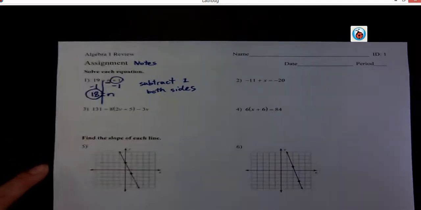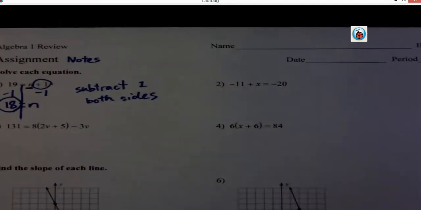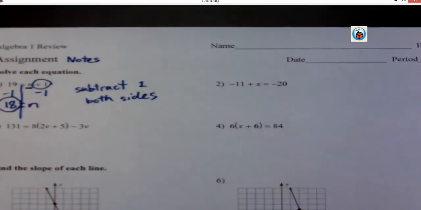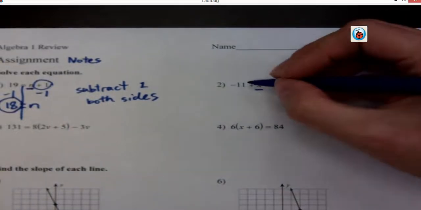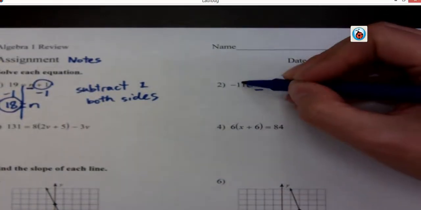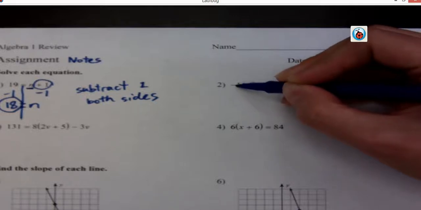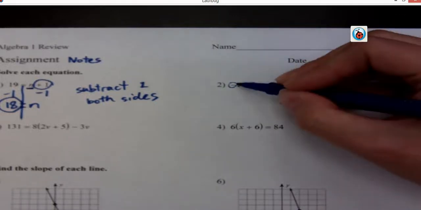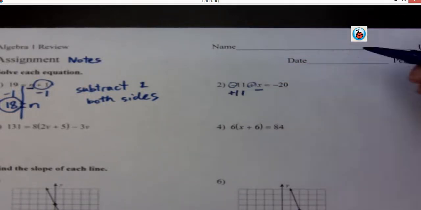The next one is very similar. Again, we have the x and we have a plus sign is the way these are joined together. But this time it is a -11. So we're just going to do the opposite. Opposite of -11 is +11.